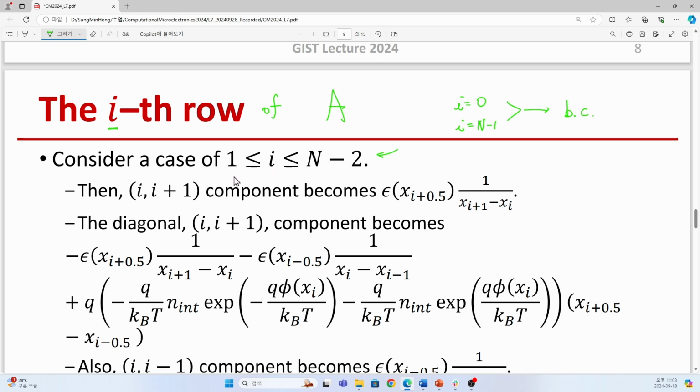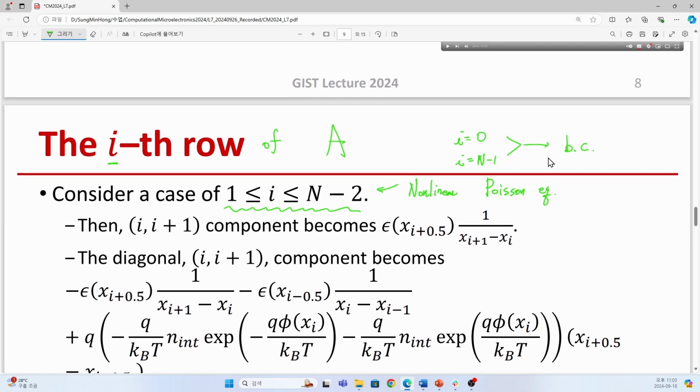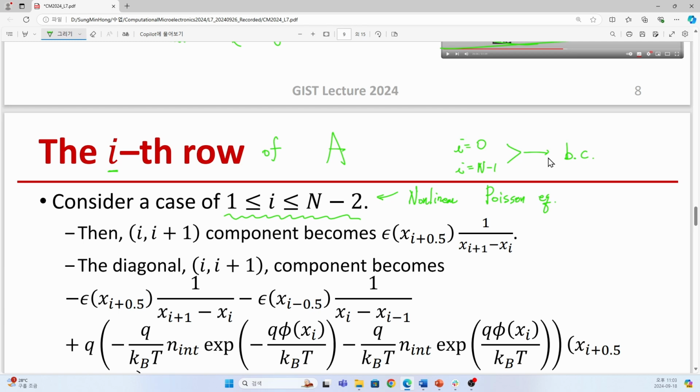When we restrict ourselves to i values in between this range, then this is for our non-linear Poisson equation. Then we can try to make a partial derivative with respect to certain values. For example, our equation itself is evaluated around x sub i.